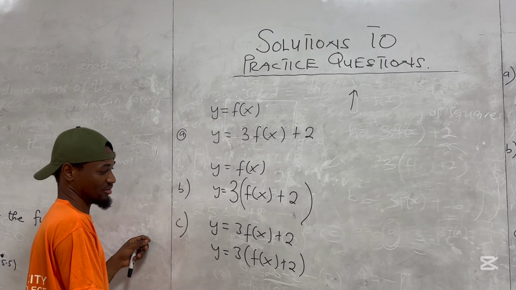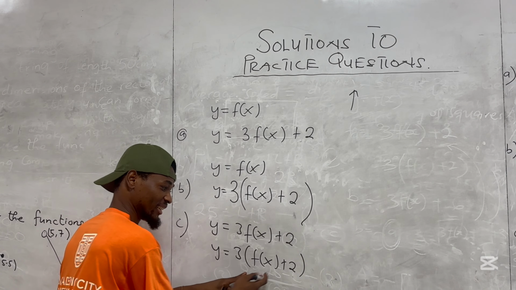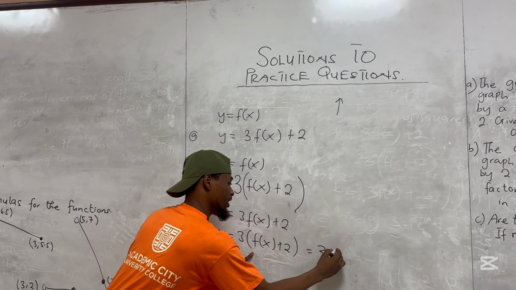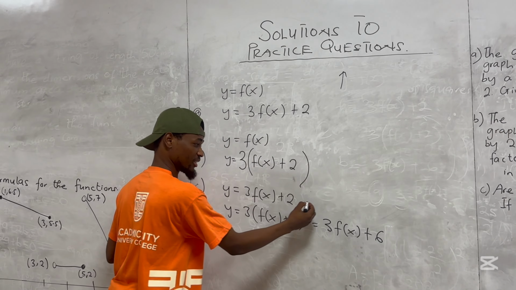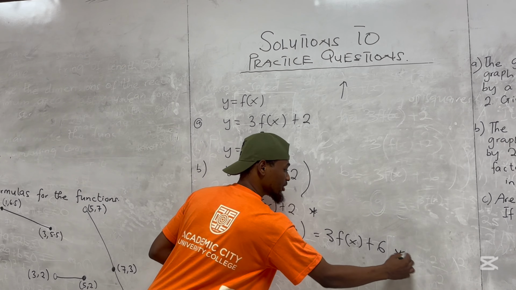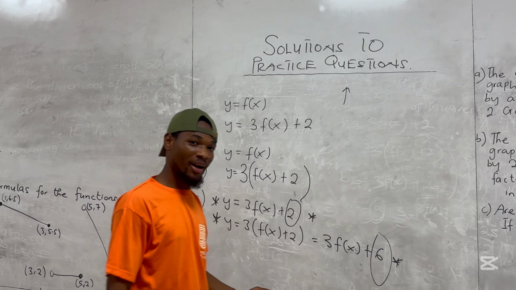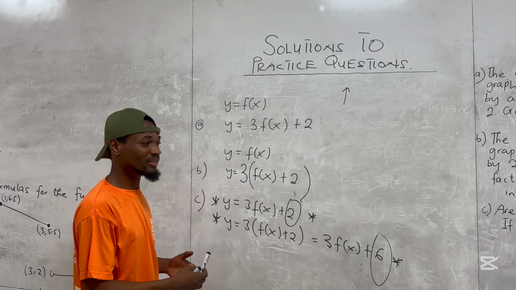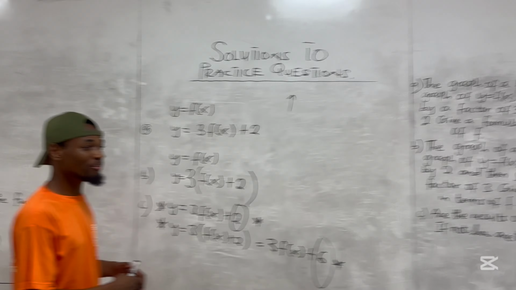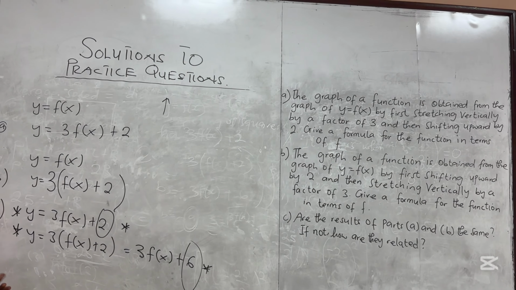Are they the same? Not at all. Because this is the same as 3 f of x plus 6. You see, and they are very different. Right. Okay, so are the results of parts A and B the same? If not, how are they related?